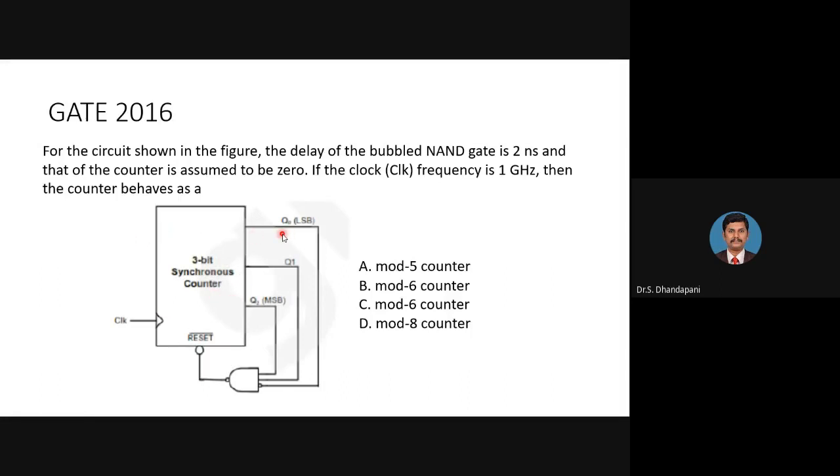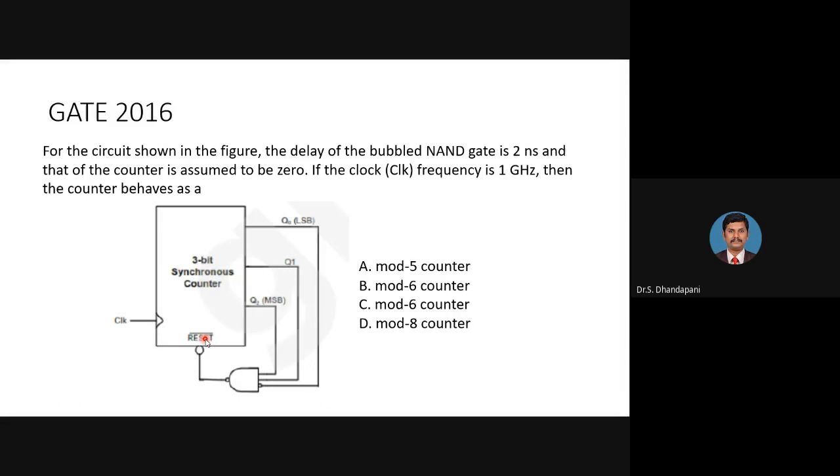We have the outputs Q0, Q1, Q2. Q2 is the MSB. Q0 is the LSB. Q0 is connected to the NAND gate with bubble. Q1, Q2 are connected directly. The output of this NAND gate is connected to reset.